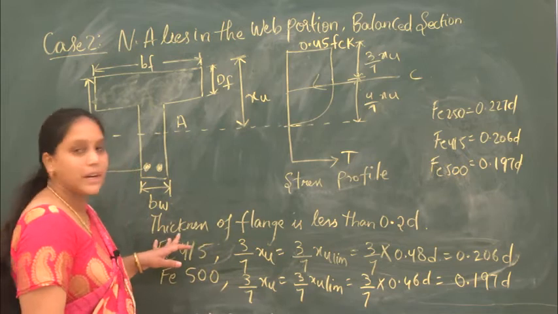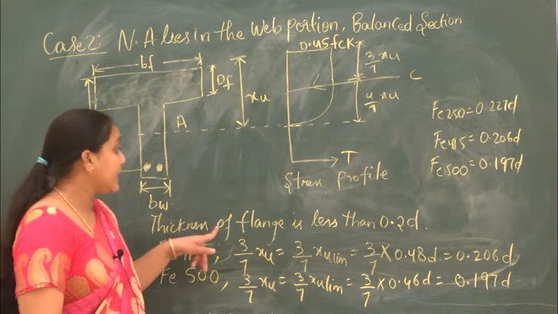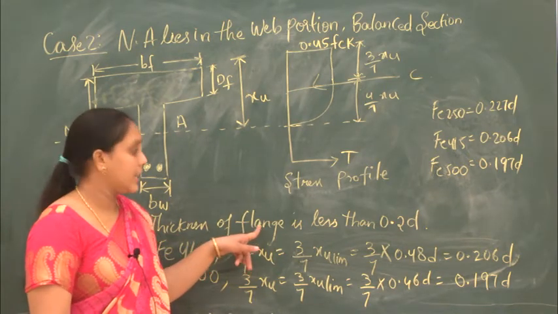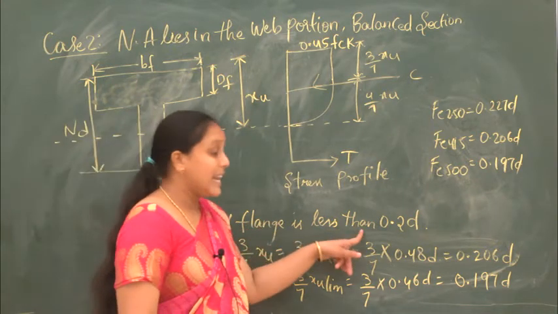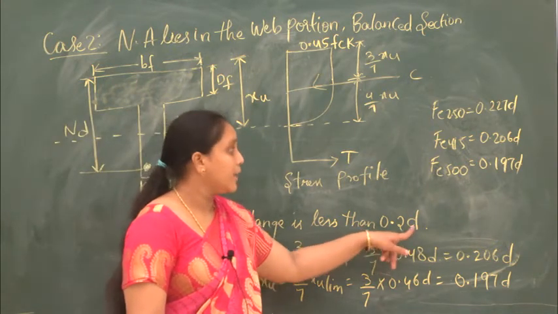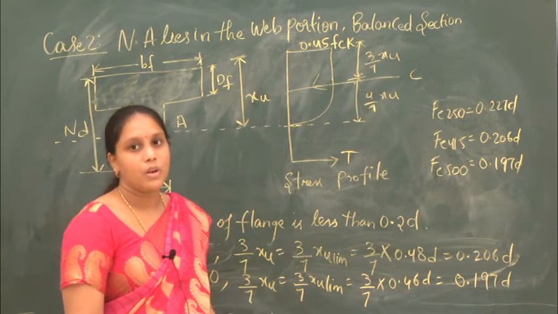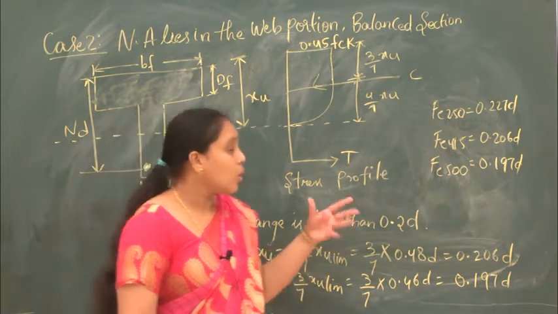Now coming to this particular point, that is the thickness of flange. If the thickness of flange is less than 0.2d, okay, so we have two cases here.